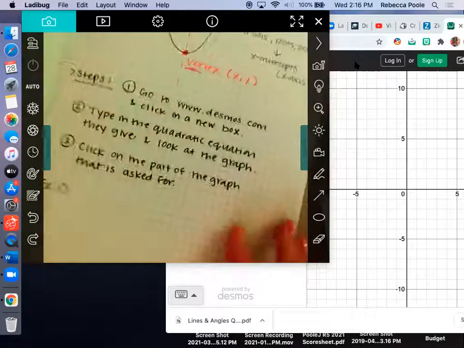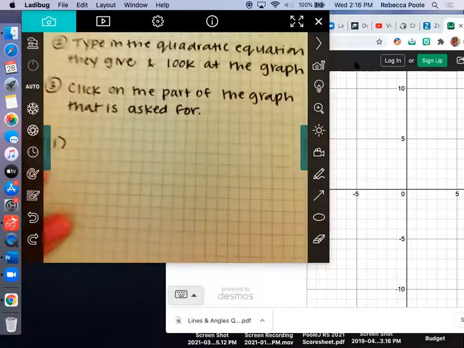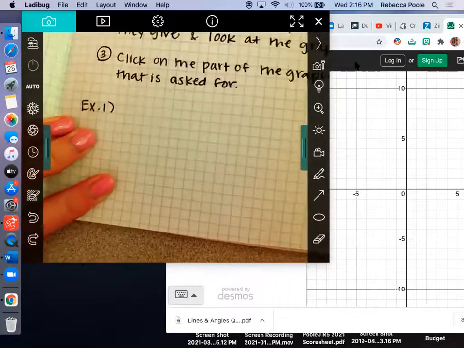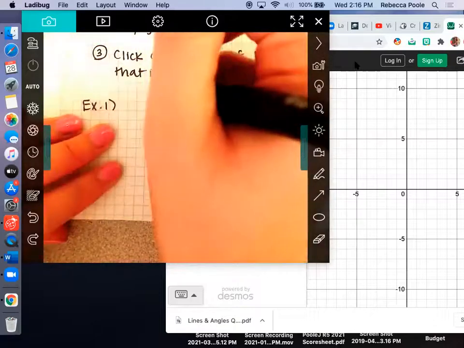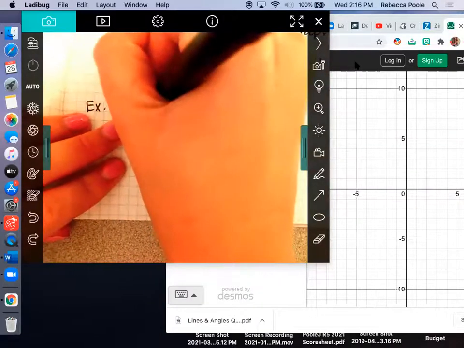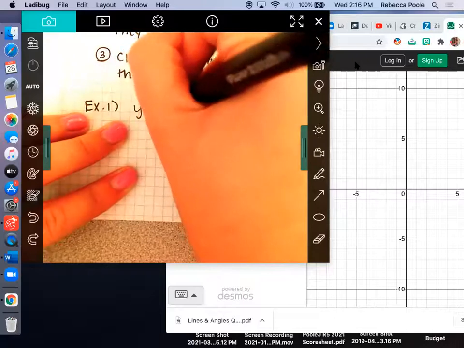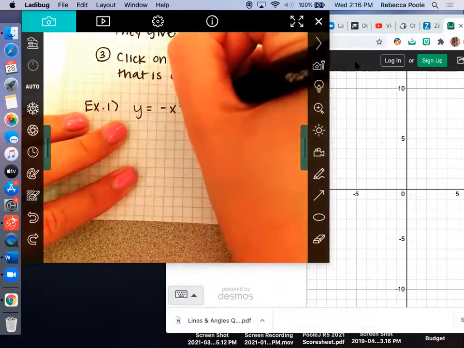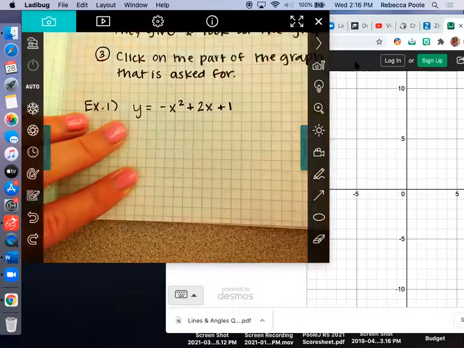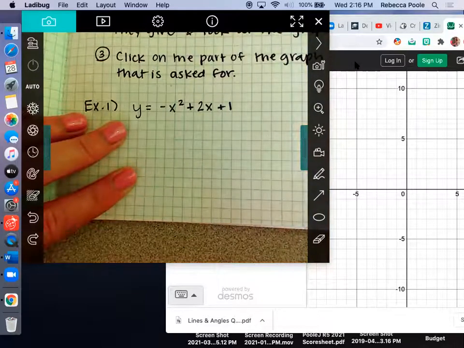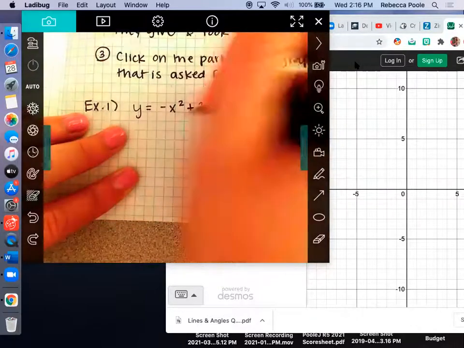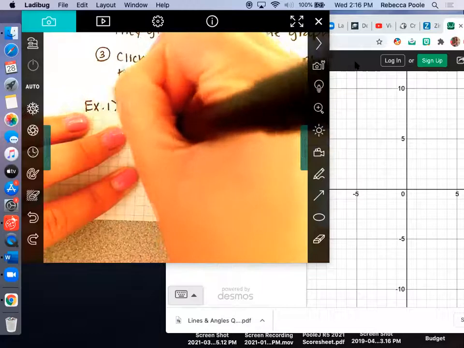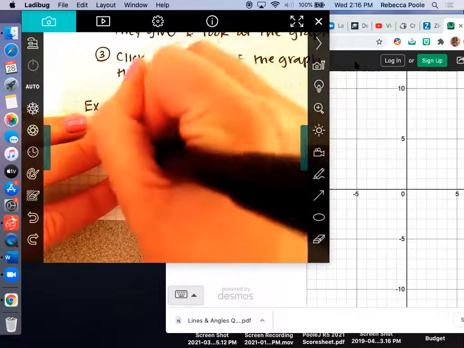So example 1, I know it's small, so if you need me to call it out for you, I can. I'm going to put it right here. Example 1, given this equation, negative x squared plus 2x plus 1, I want y'all to find the vertex, the AOS.